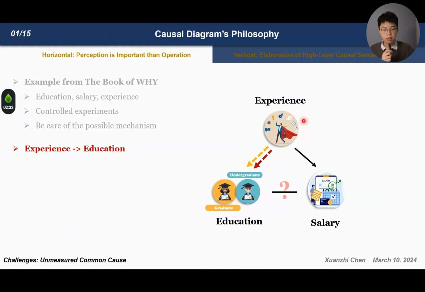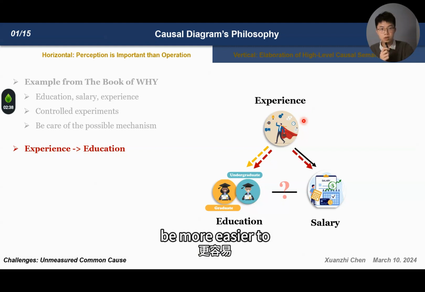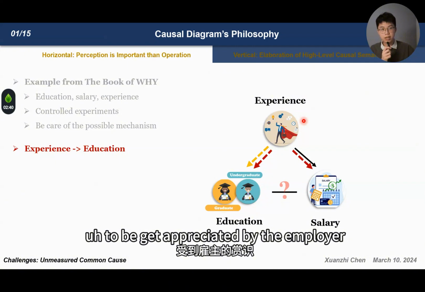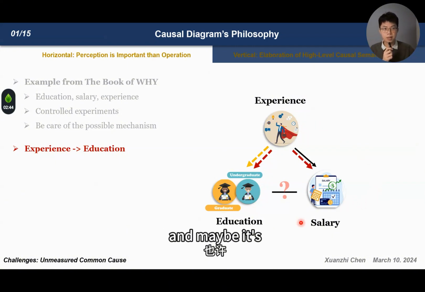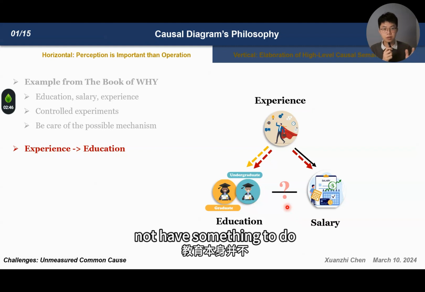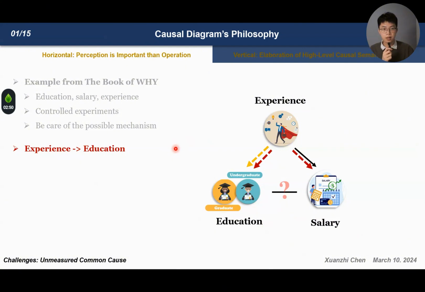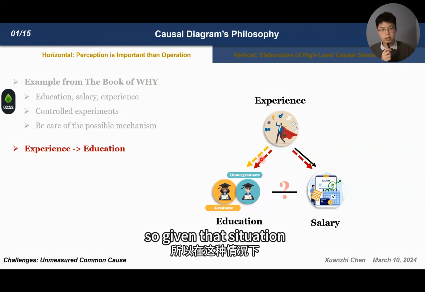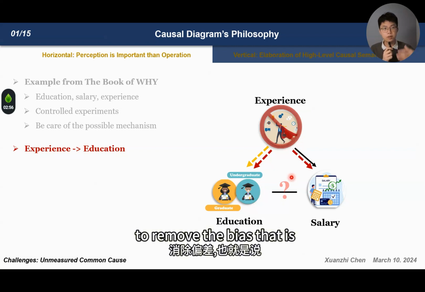At the same time, it will help this person be more easily appreciated by the employer so that they will get a high salary, and maybe it doesn't have something to do between the education itself and the salary. So given that situation, it's okay to control this factor to remove the bias.